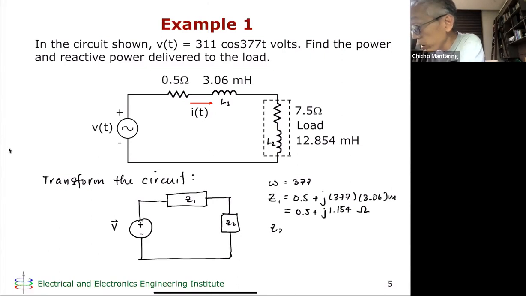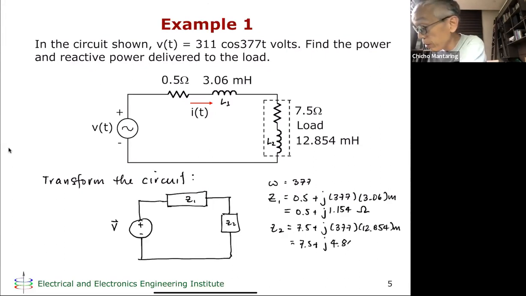And Z2 is equal to 7.5 plus j, again omega 377 multiplied by 12.854 milli. This is going to come out 7.5 plus j4.846 ohms.